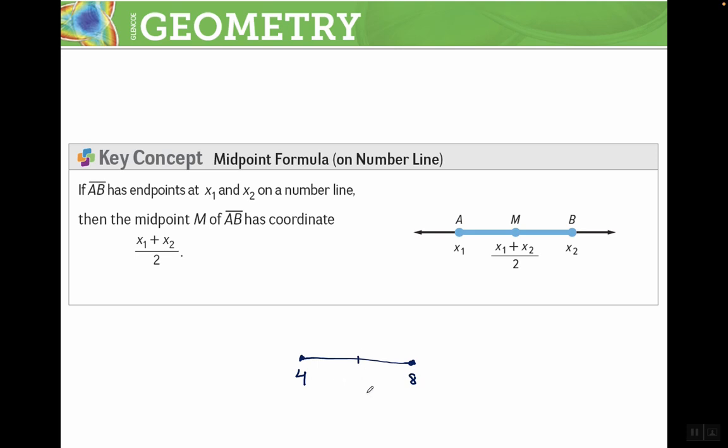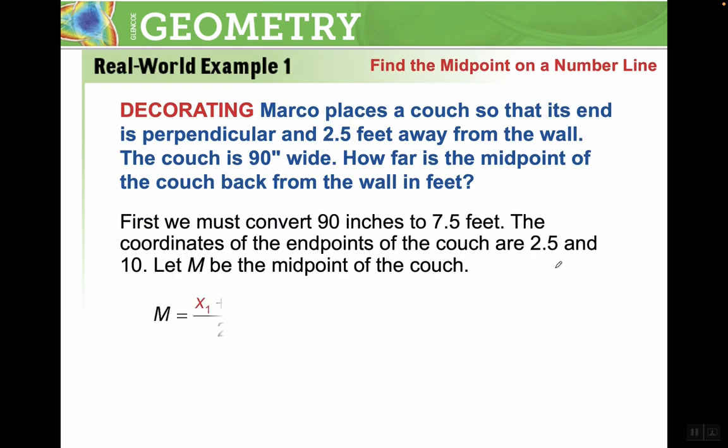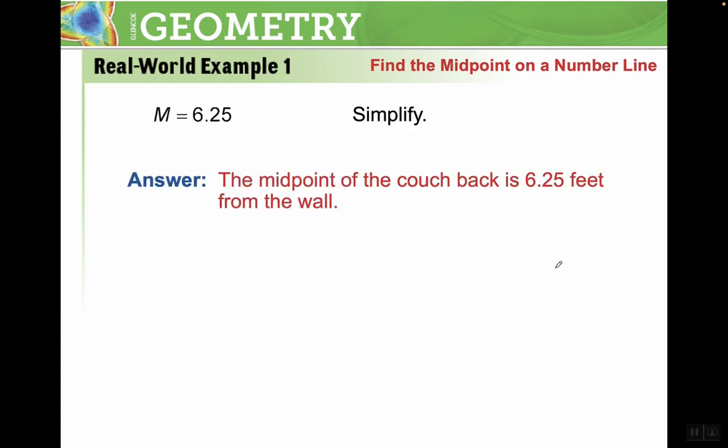You should be able to look at it and say, hey, the midpoint would then be 6, because 6 is equal distance from 4 as it is from 8. And that's what this formula is showing, but you don't need to worry about it. I'm not even having you do those problems because I think they're a little bit below what we're learning. So we're moving on.